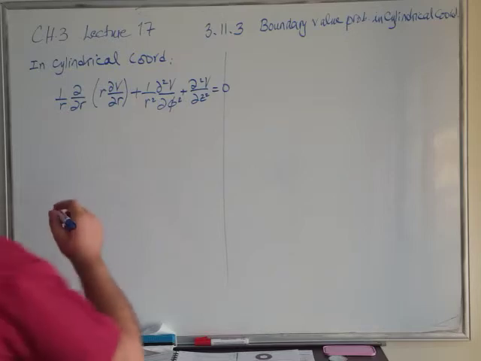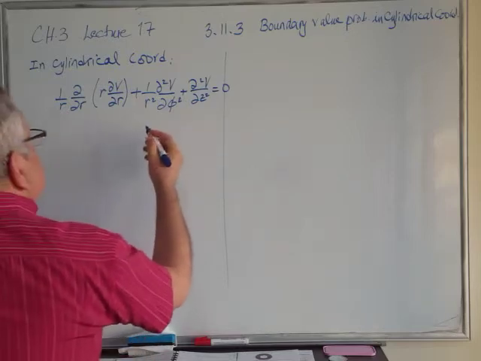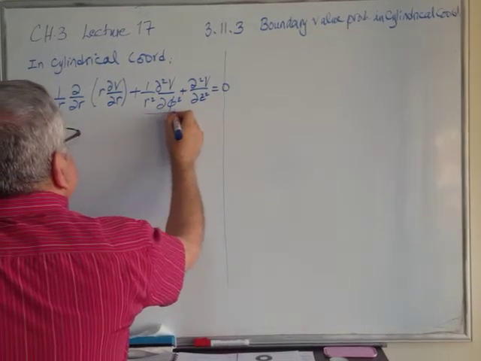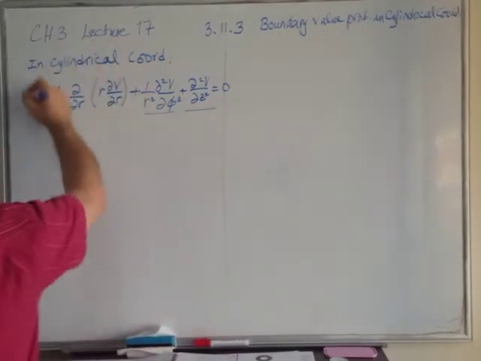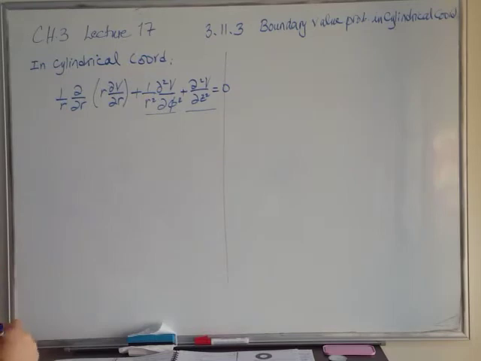Okay, let's look at a situation where we have symmetry with respect to phi and z, and we have variations with respect to r.